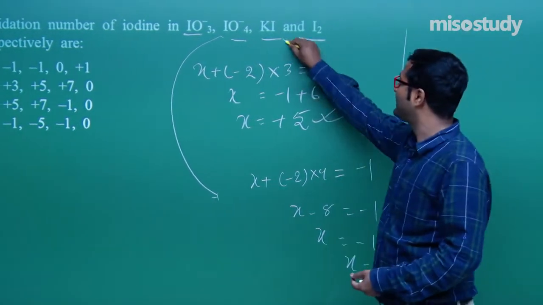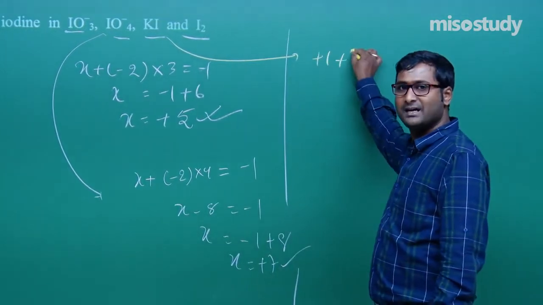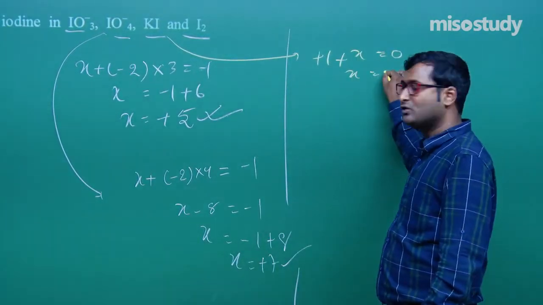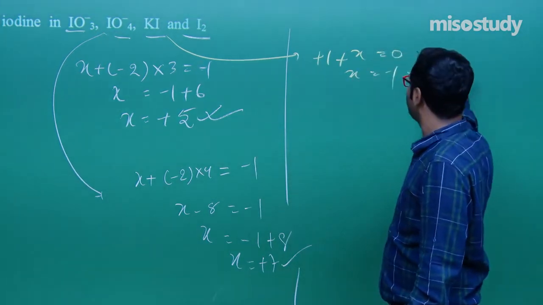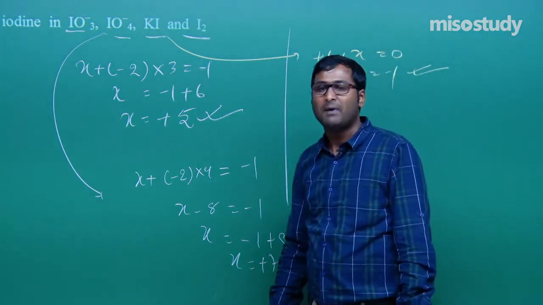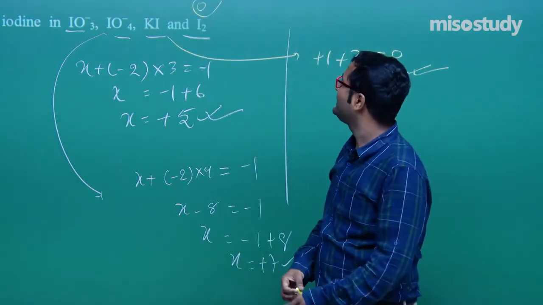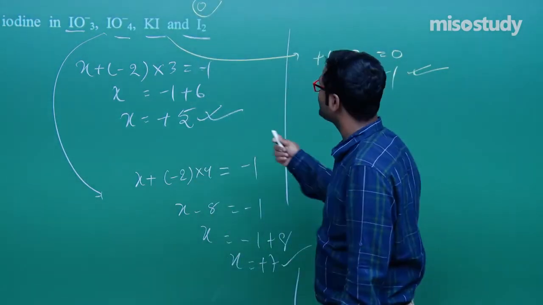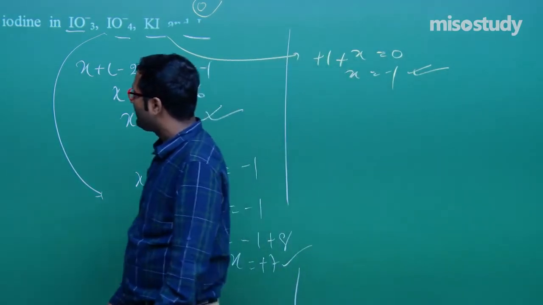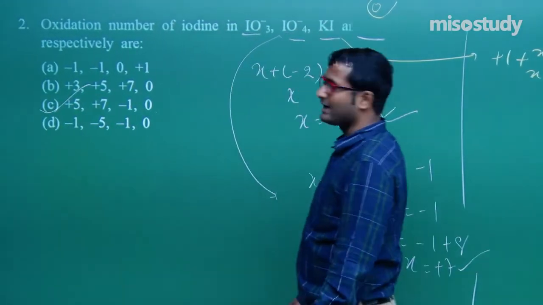Now in case of KI, as we know, K has oxidation state plus 1, so x is equal to minus 1. For KI, the oxidation state of iodine is minus 1. For I2, the oxidation state is 0. So in this case, plus 5, plus 7, minus 1 and 0. Now check it out, plus 5, plus 7, minus 1 and 0. This is the correct answer.